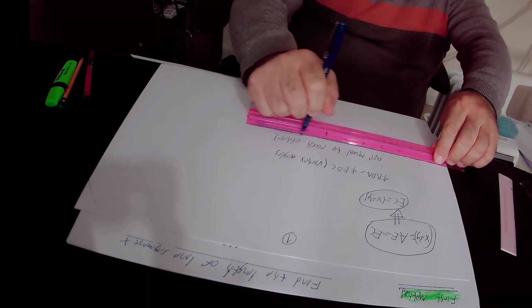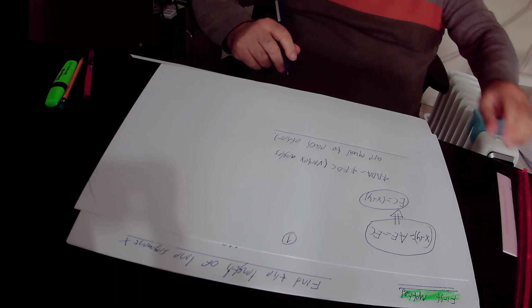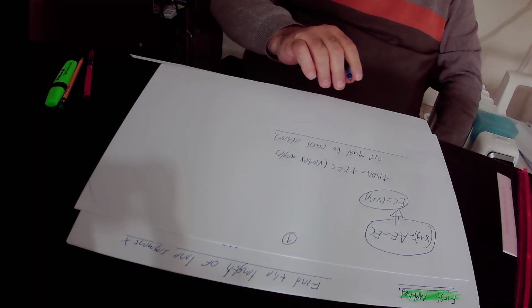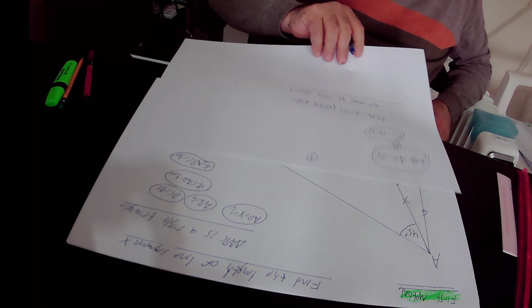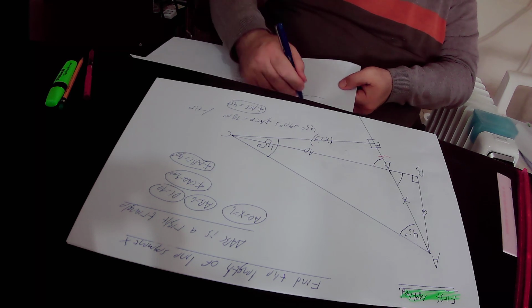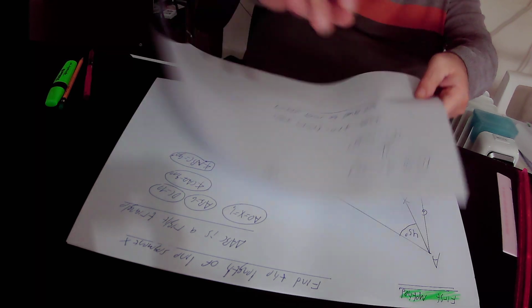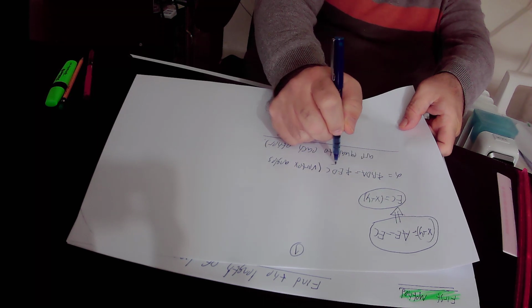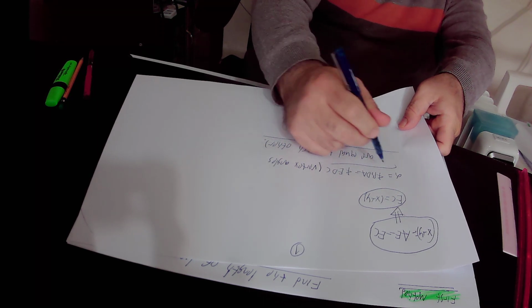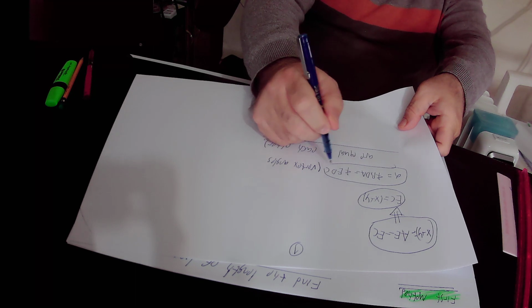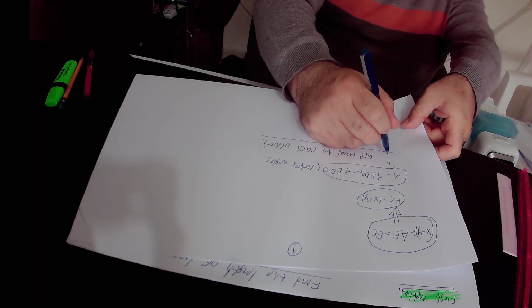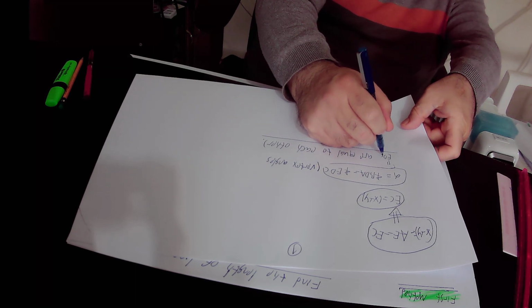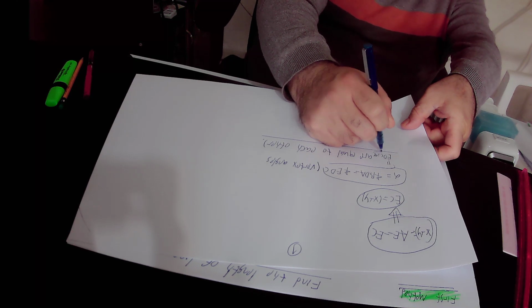Okay, and if we define angle BDA as alpha, then from this equation we get that angle EDC is also equal to alpha.